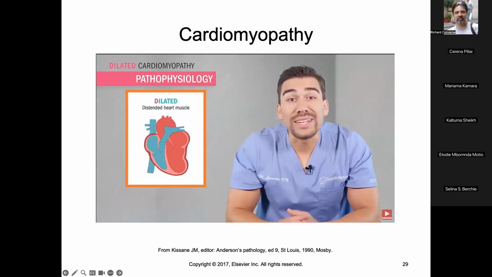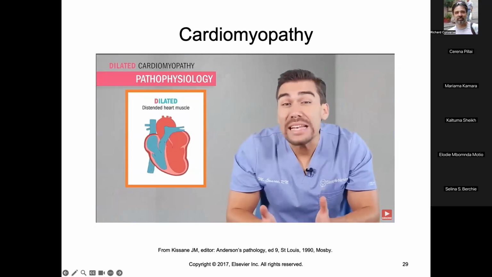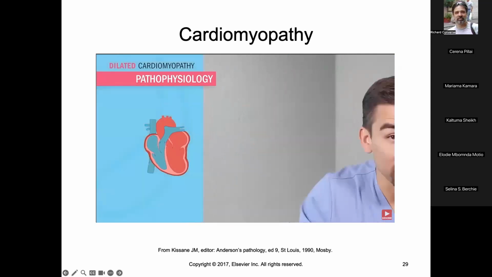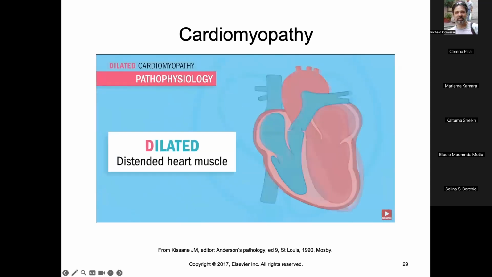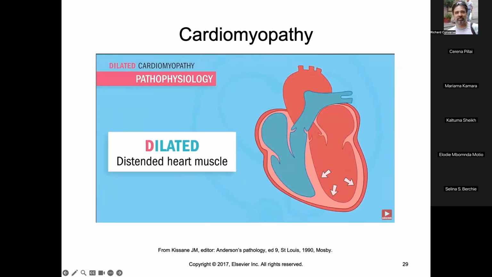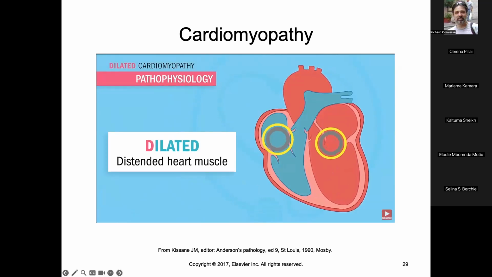So let's start with the first one, dilated, which I call distended cardiomyopathy. Now, this guy is the most common out of our three wise men here. Here we have distended muscle walls, where the chambers in the heart are being stretched out like a saggy, loose sock, leaving us with big, stretched out chambers and really loosening up the valves so they don't close all the way.